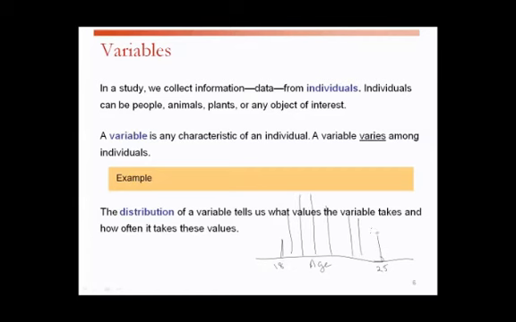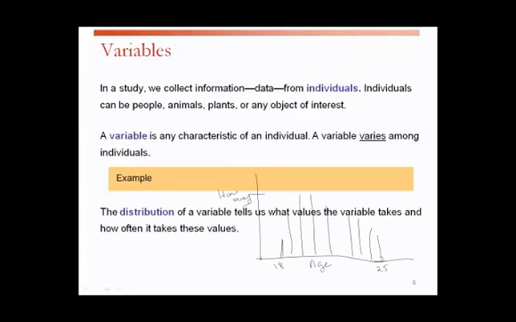I'll just put values like that, where the height indicates how many. When I list all the ages and list how many of each age there are, I might have 15 people who are 18, 16 people who are 19, 45 people who are 21, and so on.